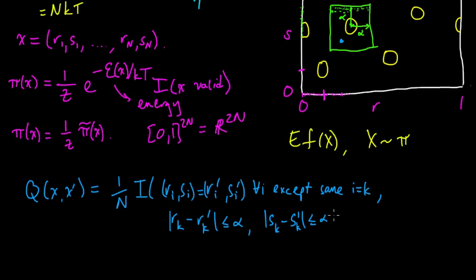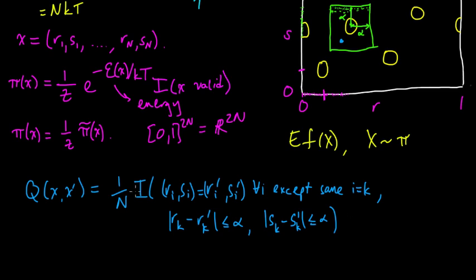So this is the indicator saying that we moved only one particle, and that particle has been moved somewhere within this box. And I'm implicitly assuming that they're one of these discretized points.